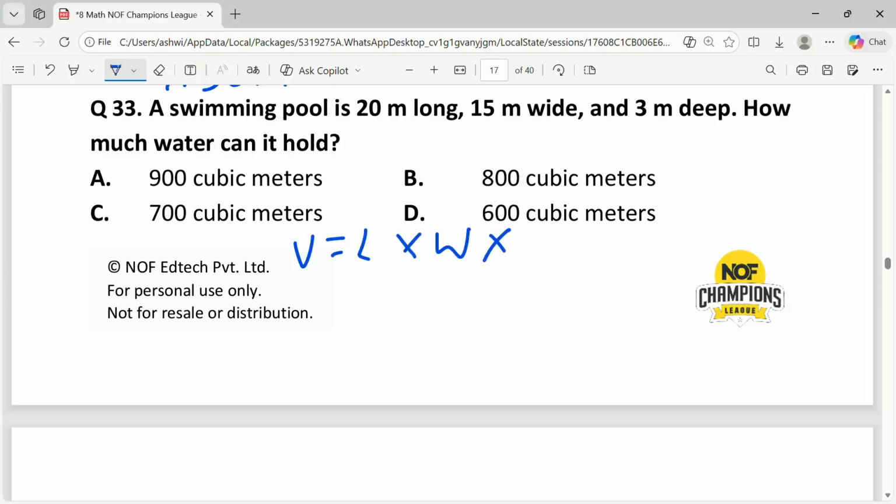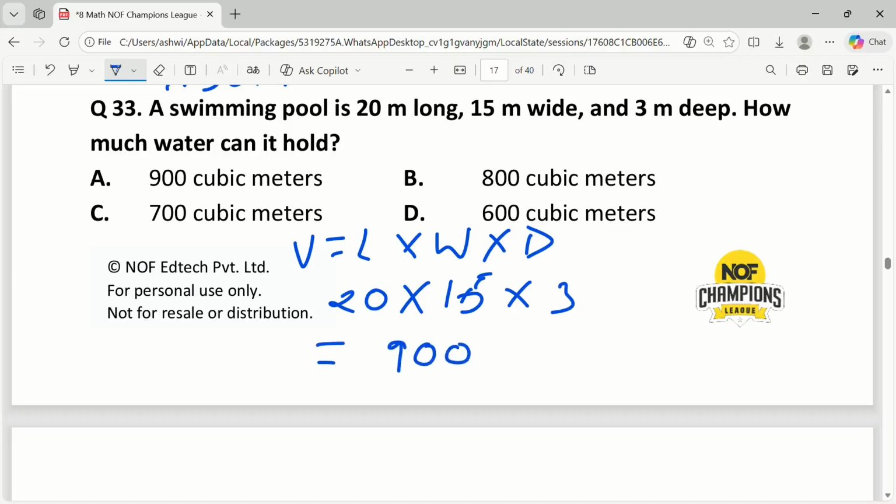Length into width into depth. Substituting the given values, we have 20 into 15 into 3, which is equal to 900 cubic meters. The answer is A, 900.